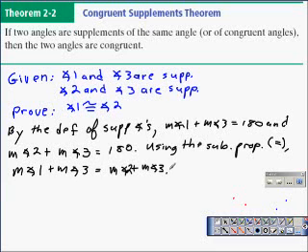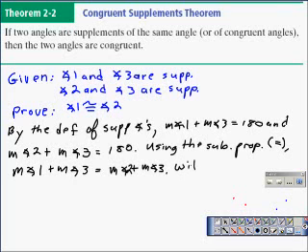Hopefully you can see the similarities between proving this theorem and the vertical angles theorem. Like proving the vertical angles theorem, you see that the measure of angle 3 is on both sides of the equation, so we can subtract the measure of angle 3 from both sides.